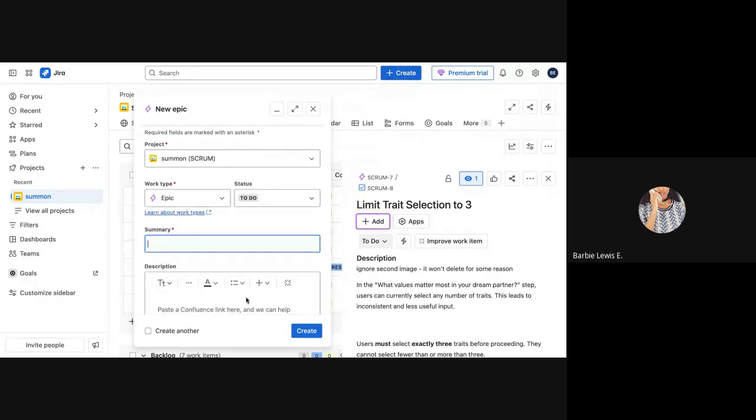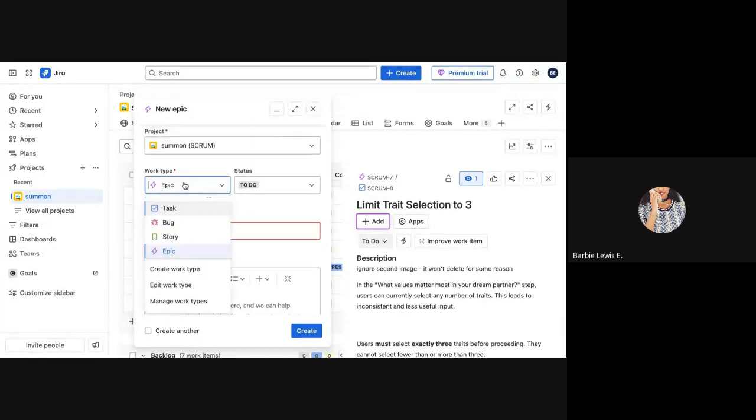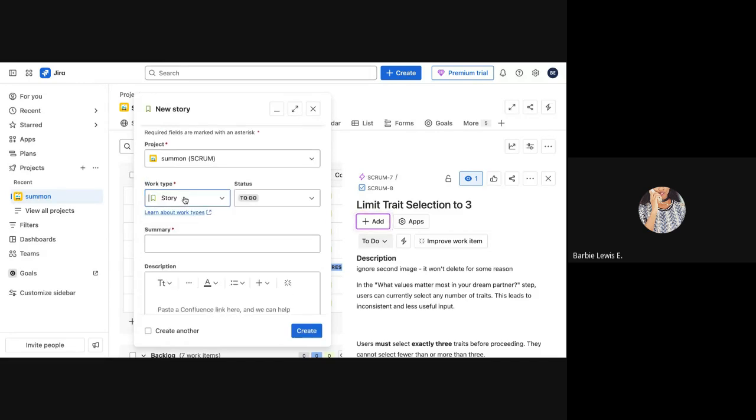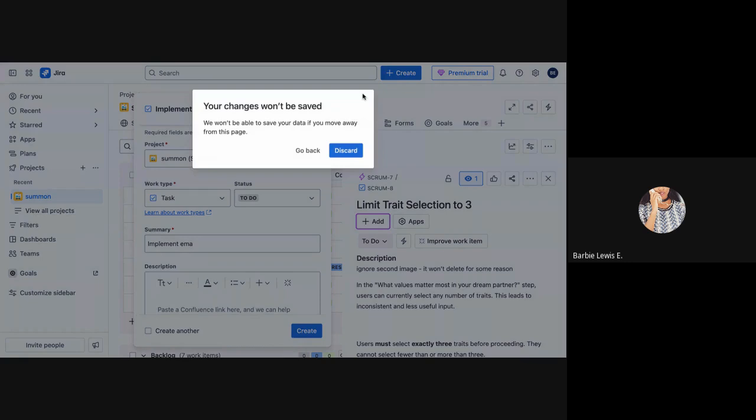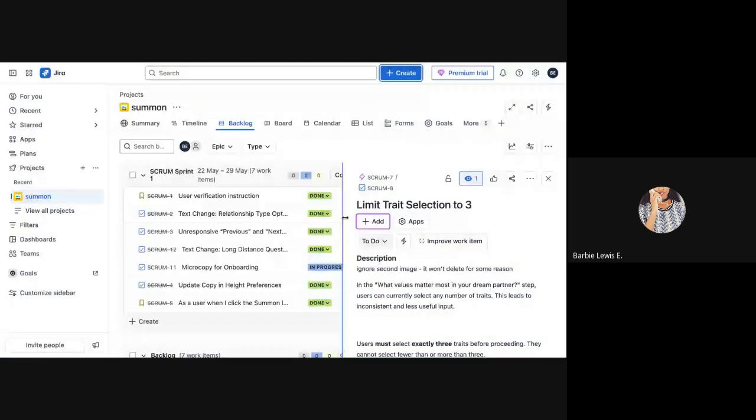So you just click on create. You select the kind of ticket. Let's say it's a story or a task. You say implement email verification, and then you write the details for how the ticket should work. But that's okay, you don't have to try it at home. But essentially, this is what the practical side of things is going to look like.